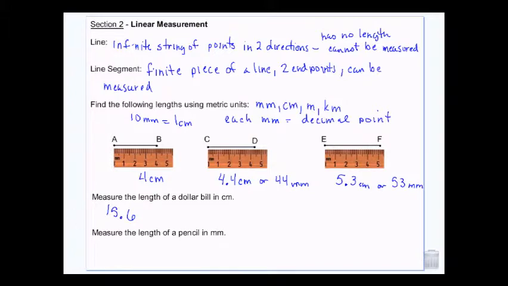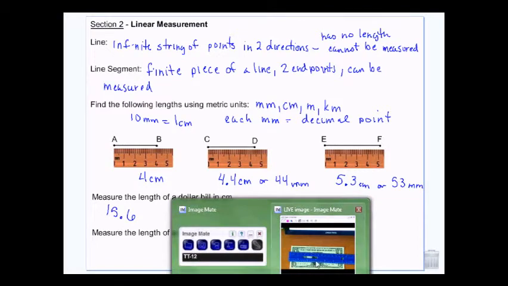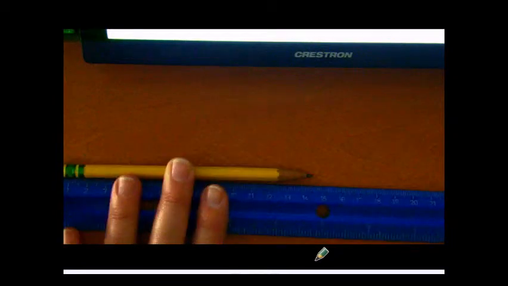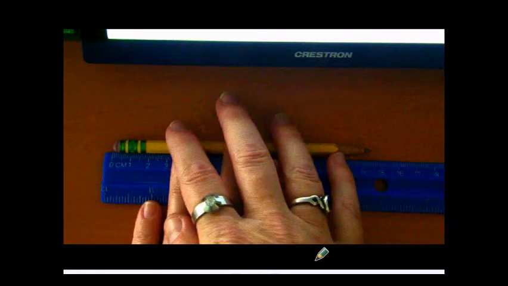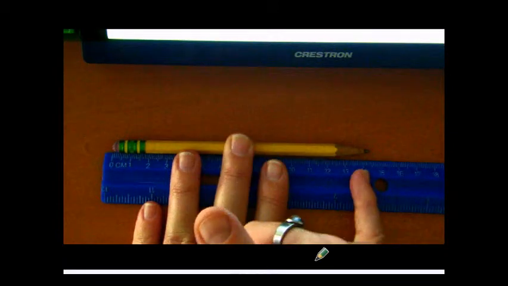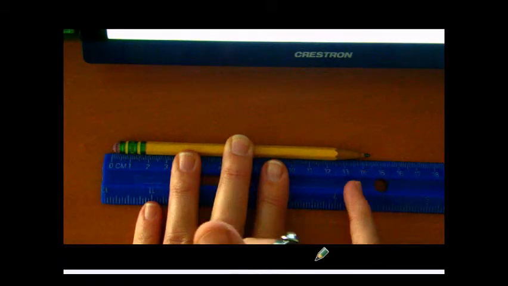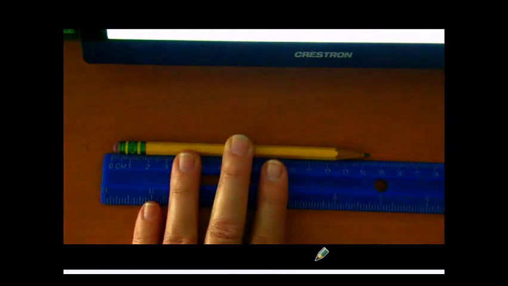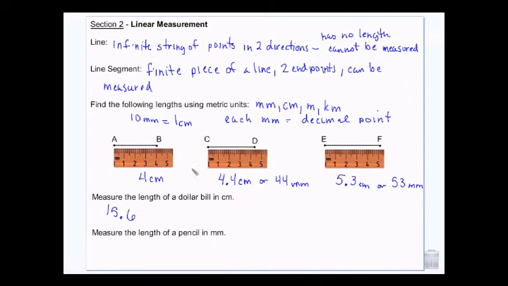So if we take that, again, I'm going to line up the tip of the eraser with the 0. And my pencil lid comes to 14.5. Oh, but I was supposed to do millimeters, so that's like 145 millimeters.